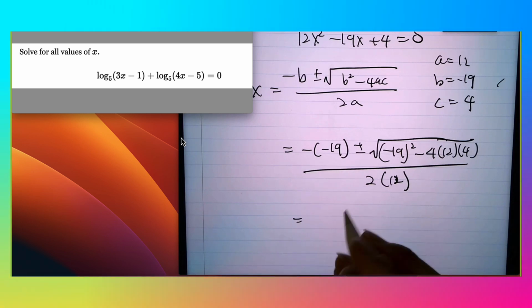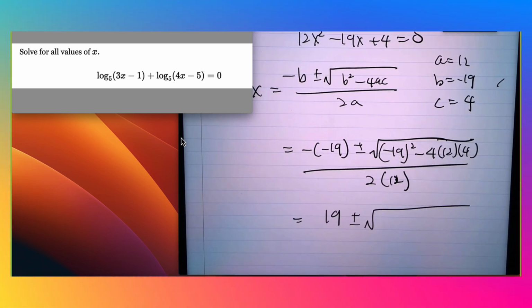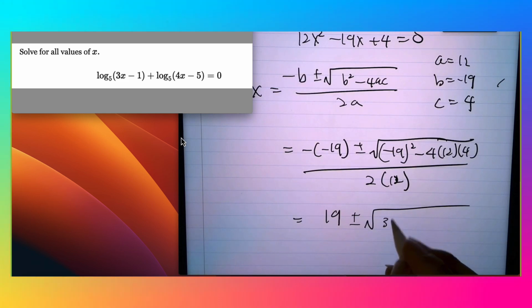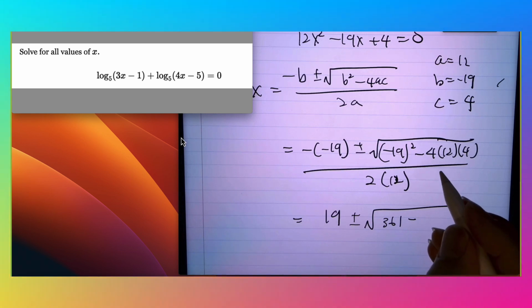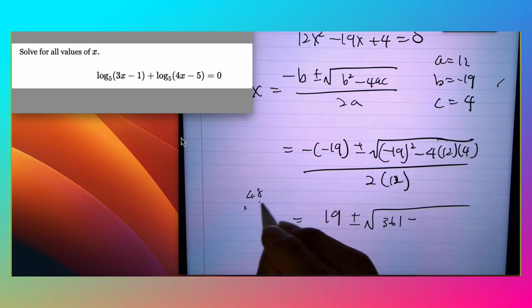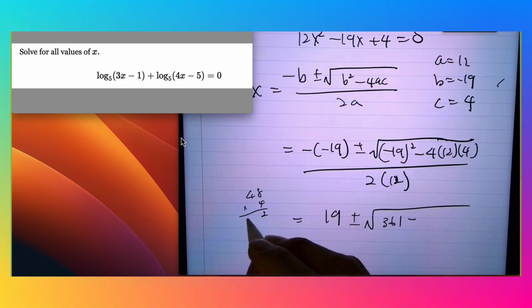So negative negative 19 makes positive 19. 19 squared I think is 361, and 4 times 12 is 48, and 48 times 4 is 192.